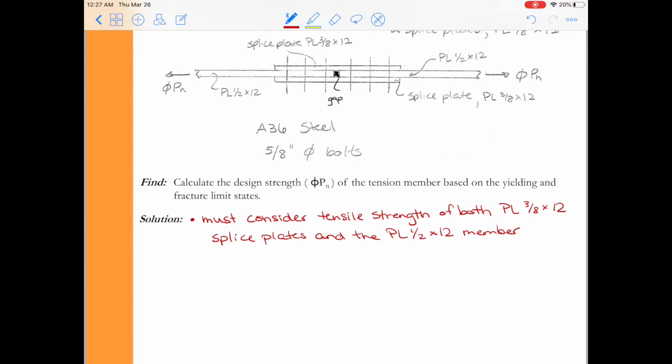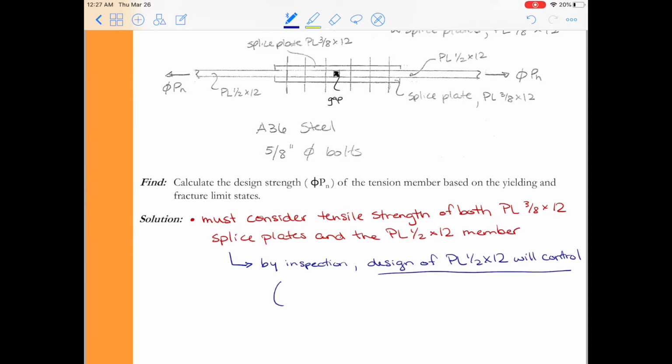However, we do want to be smart about our work, and we don't want to do work that's not necessary. So let's take a look at the areas of these different members. We'll see by inspection that the design of the PL 1/2 by 12 member should control, because we have two 3/8 by 12 splice plates.